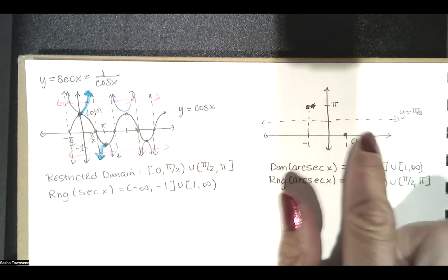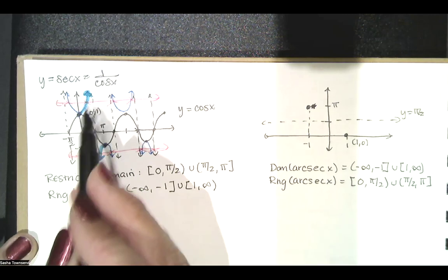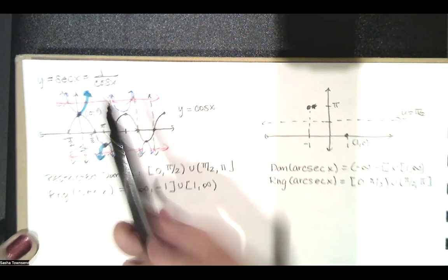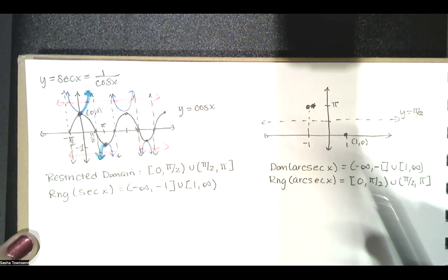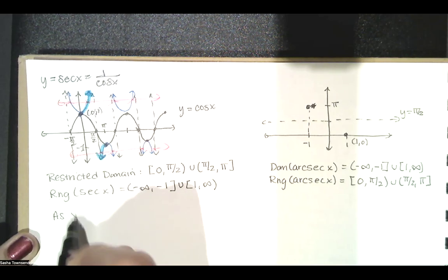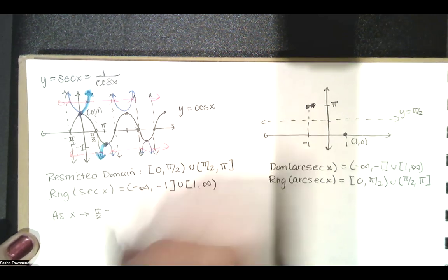make sure our graph approaches the asymptotes in the appropriate way. So I'm going to look at this graph and I'm going to describe that behavior of the secant function in terms of x and y, and then we'll switch the roles of x and y. So we'll say as x approaches pi over 2 from the left, the y values go to infinity.